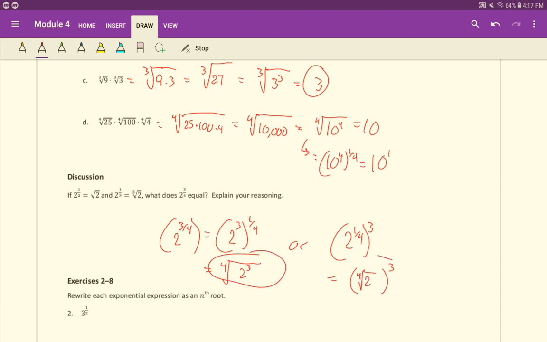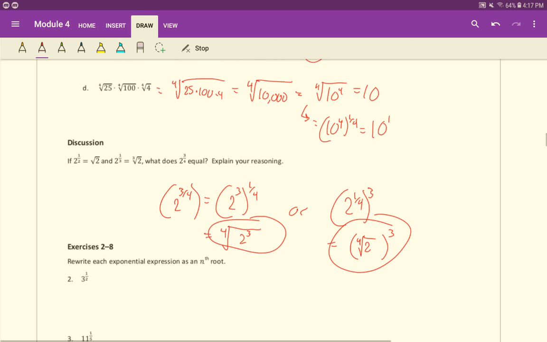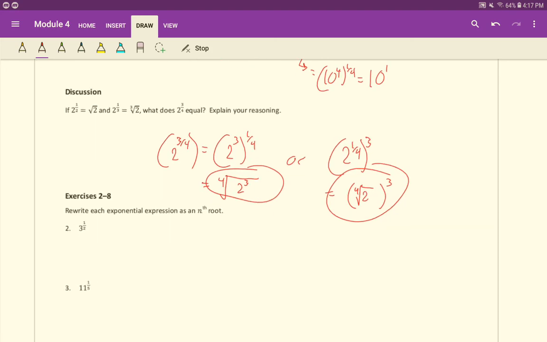So, either of these are acceptable answers. So you see here that in general, the exponent of 3, the numerator, becomes the exponent, and the denominator becomes the root. Okay, and we'll get into that in exercises 2 through 8 in the next video.